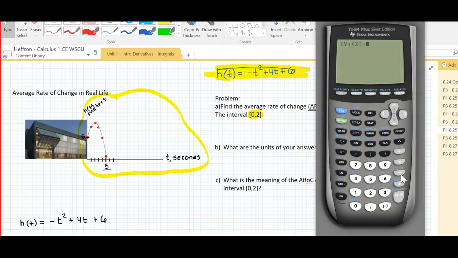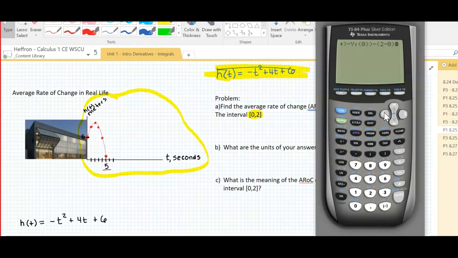And now I'm going to subtract from that my y1. So I'll do the same thing, alpha trace, y1. Now I want the x value of 0, because that's my first x in the interval. Then I'll close my parentheses, I'll hit minus, another parentheses, and I'm going to do 2 minus 0.